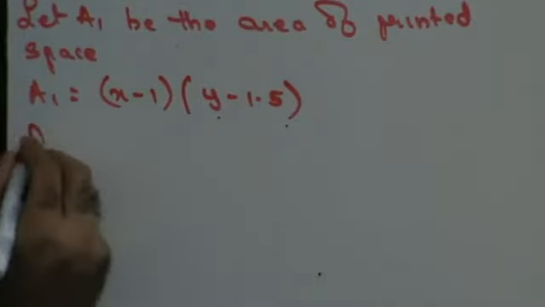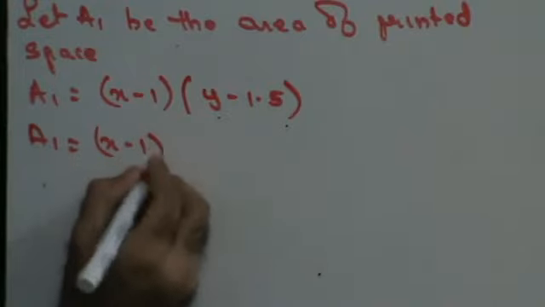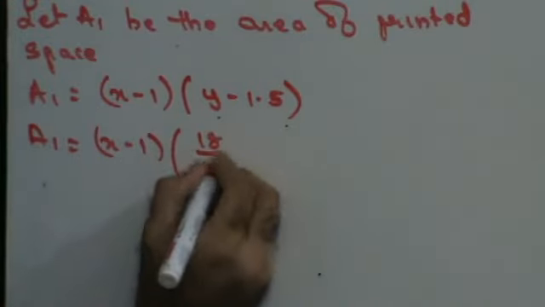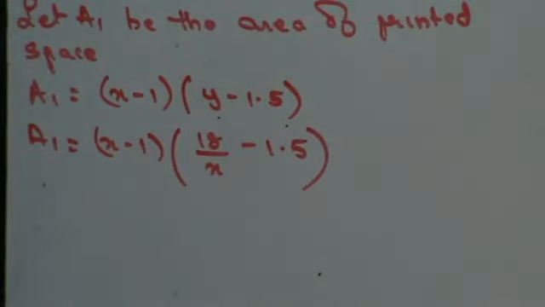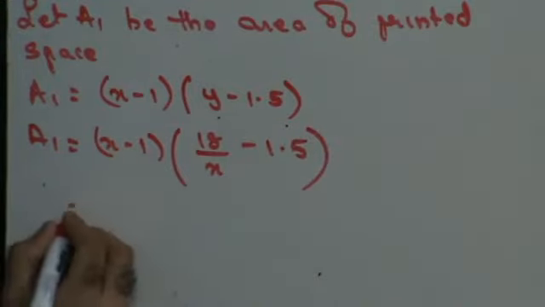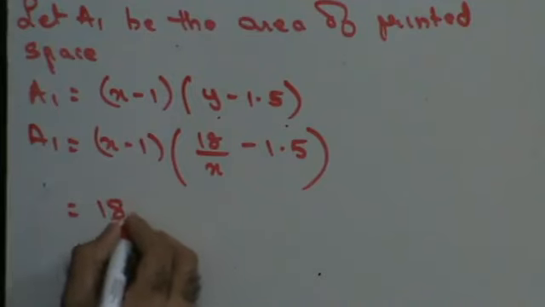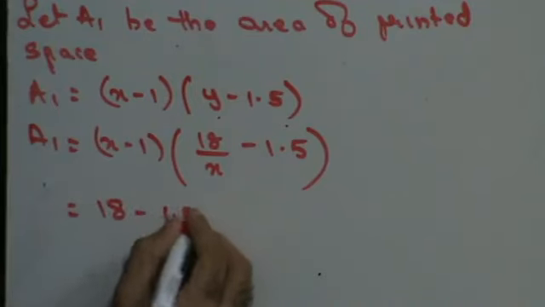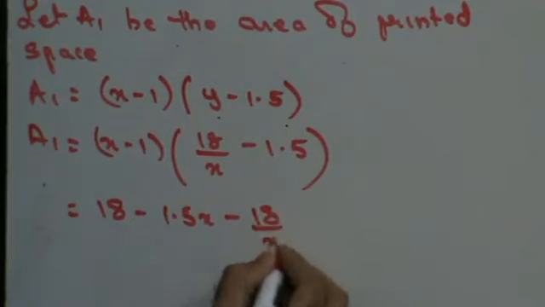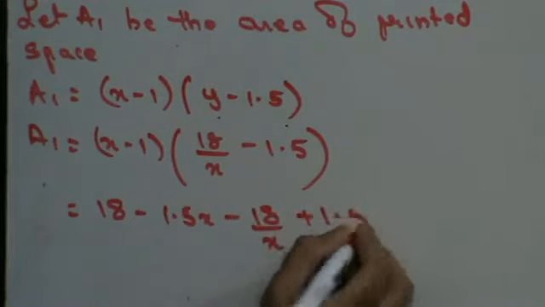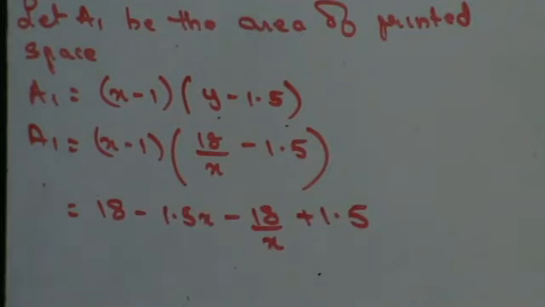But we know the value of y to be 18 upon x minus 1.5, right? So if I expand this, this is going to be 18 minus 1.5x minus 18 upon x plus 1.5.